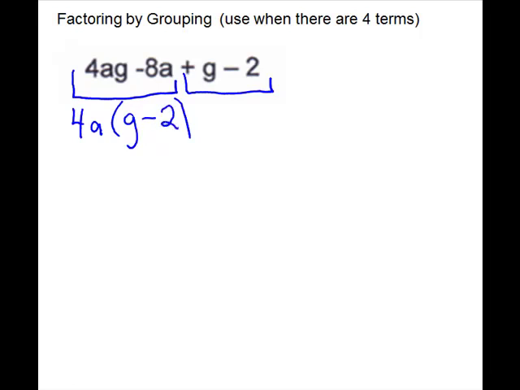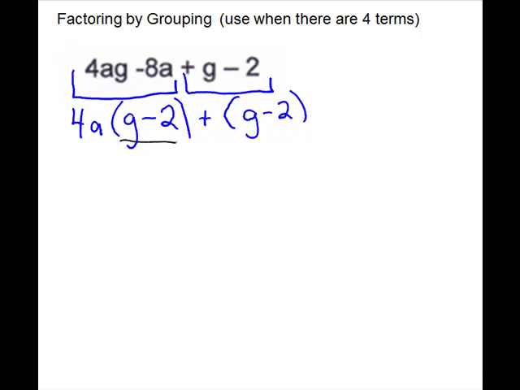When we look at the next group, we notice, well, there is no GCF in there. If you look closely, it actually already matches this binomial. So we could take a 1 out to make it look like the other problems, or we could just write it as G minus 2 since they match.